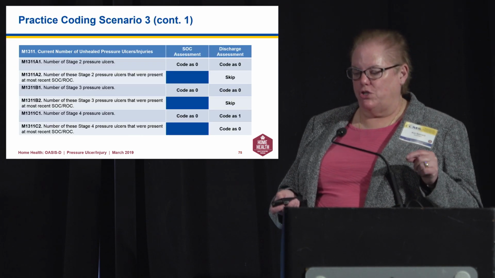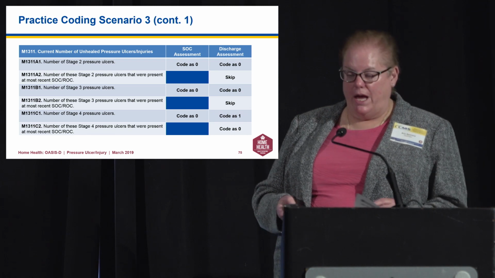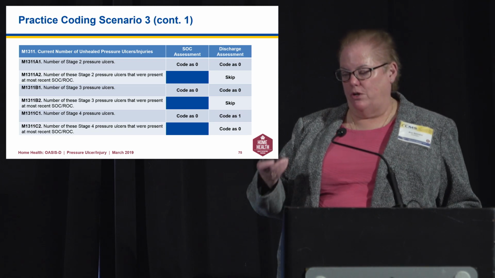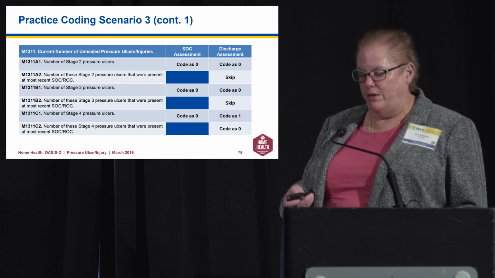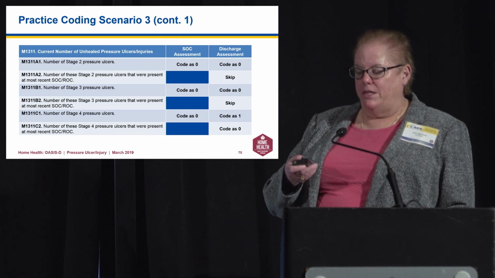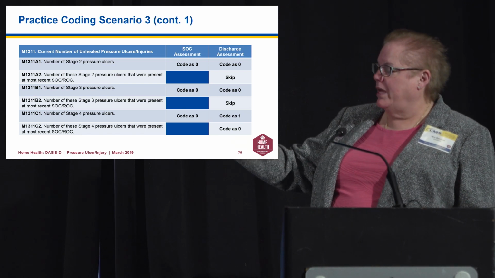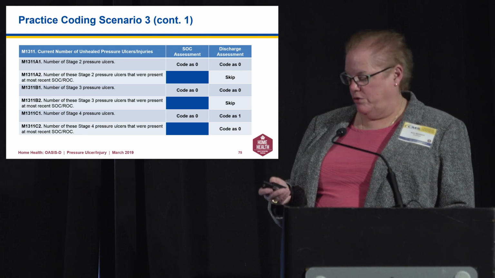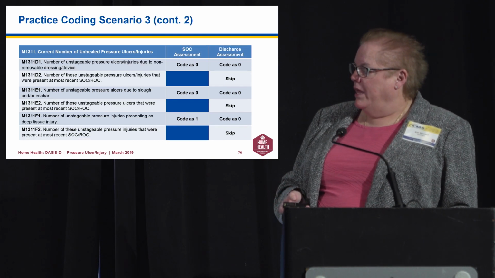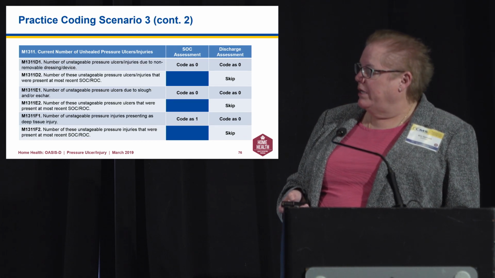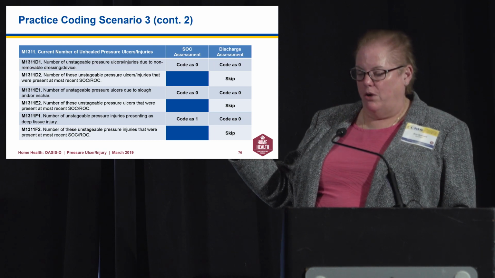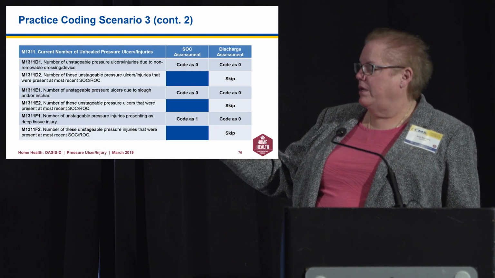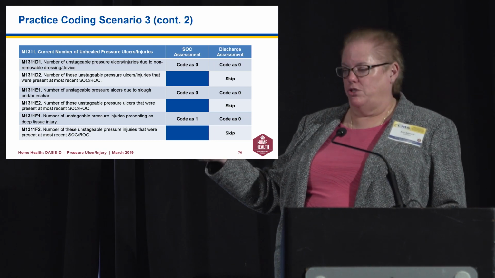So on admission, we had a deep tissue injury. So for start of care, we didn't have any of those. But we notice on discharge, we have one stage 4 pressure ulcer. And what you'll see here is on the start of care, we have the deep tissue injury coded, but no deep tissue injury on discharge.